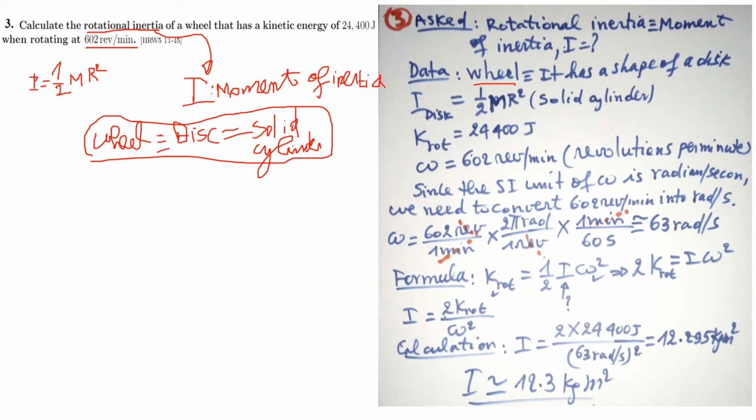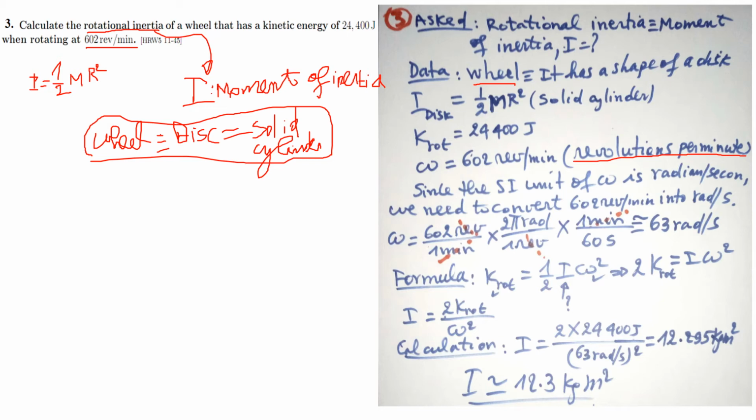Then we are given another data, which is the kinetic energy of rotation, 24,400 joules. And we are given the angular velocity, 602 revolutions per minute. Here we are given the angular velocity in revolutions per minute, which is not the SI unit of angular velocity.